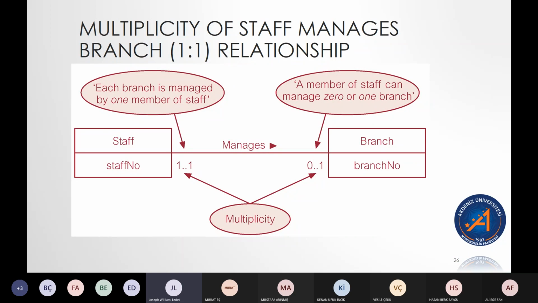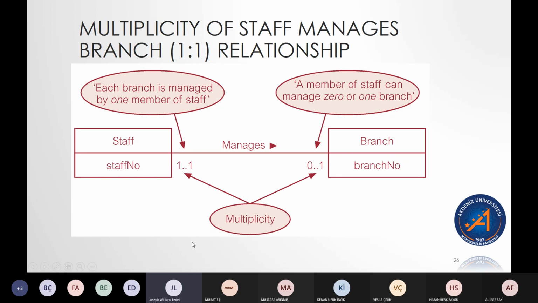Right. So this was this relationship where the staff manages a branch. Now, remember, we talked about this type of relationship. It was a one-to-one relationship with participation being mandatory on the branch side. And the reason why was because we said every branch has to have a manager, right?